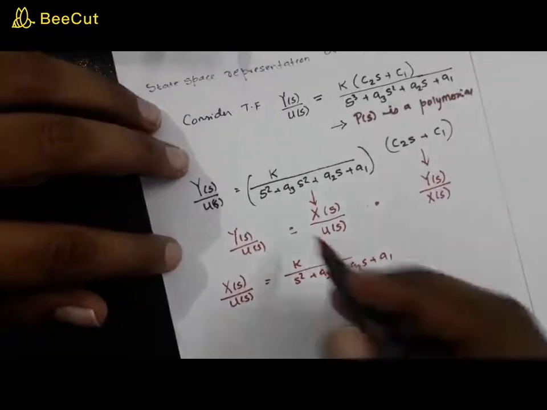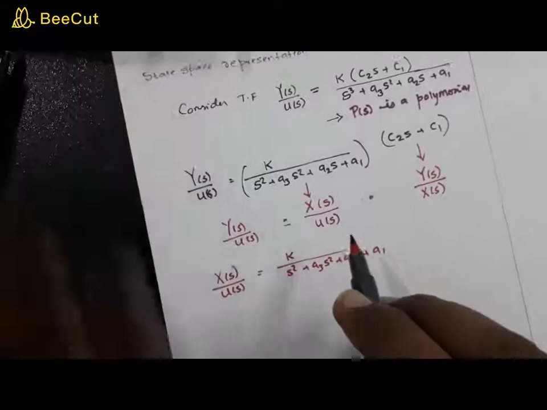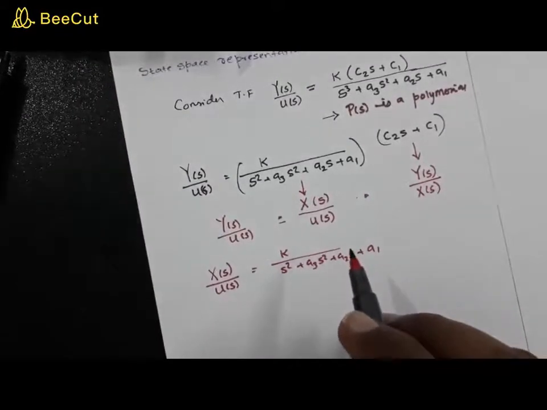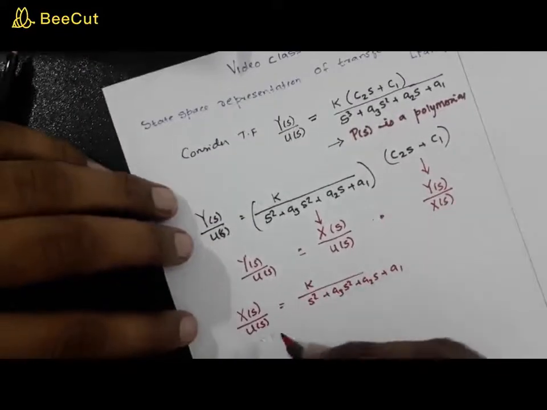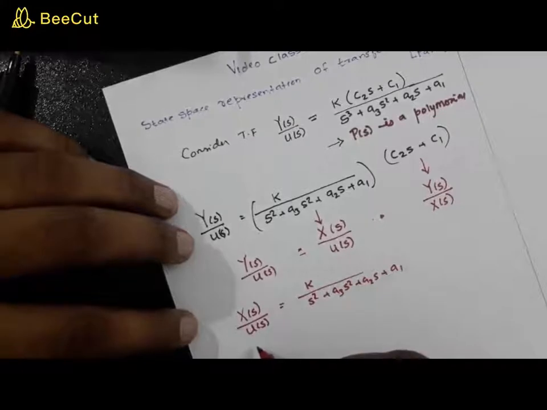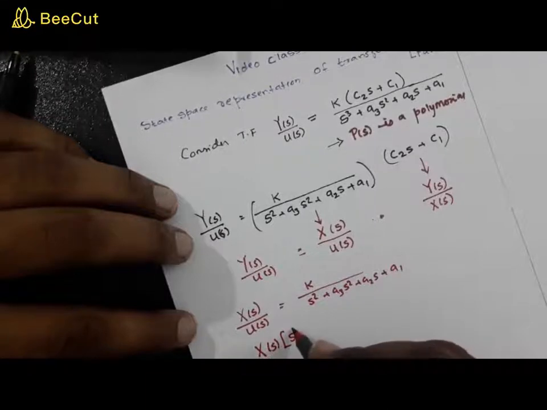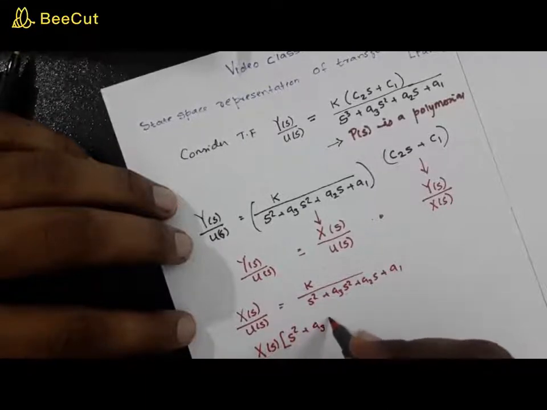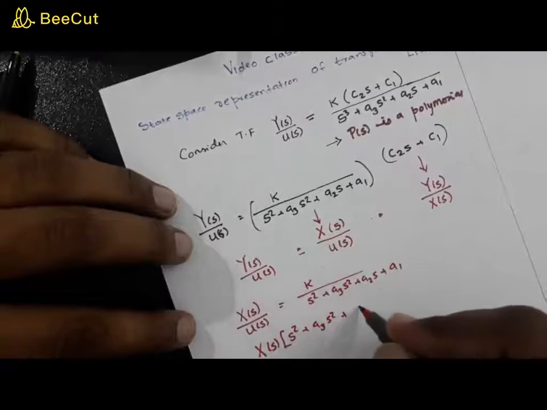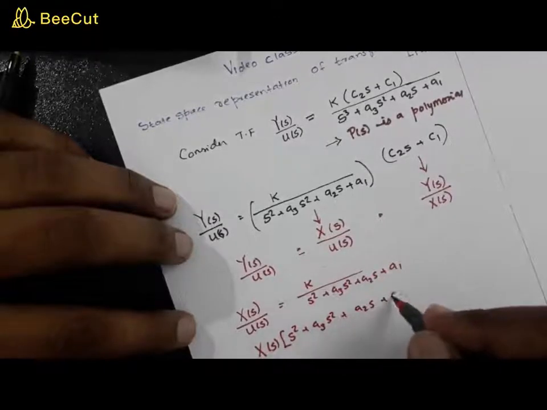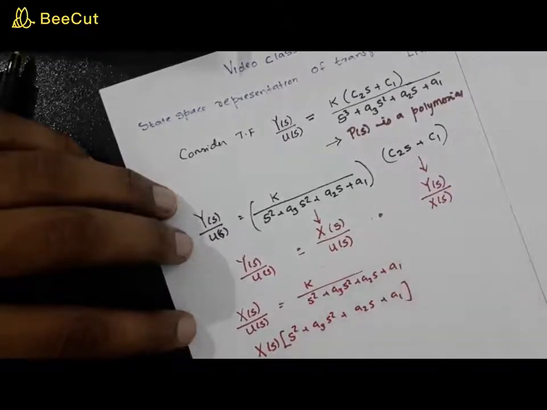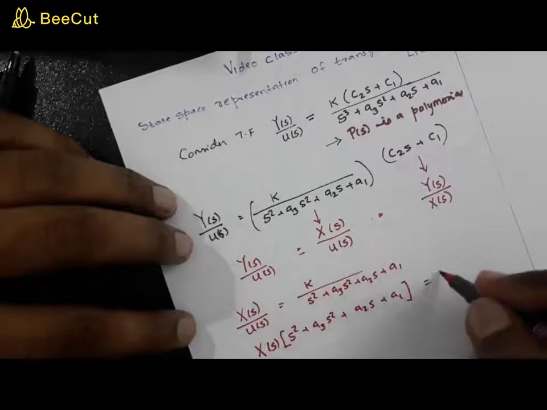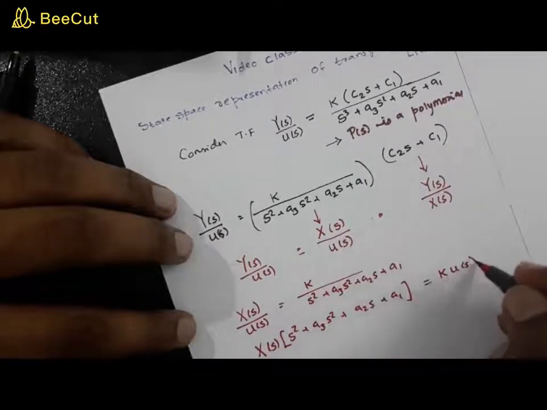Okay, so this is just like the problem that we have done previously. So you can have a cross multiplication here. So this is x of s into s cube plus a3 s square plus a2 s plus a1, right, which is equal to k into u of s, right?